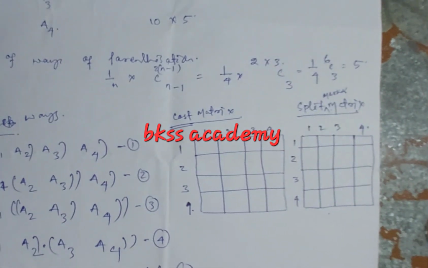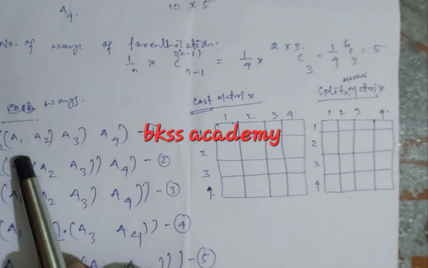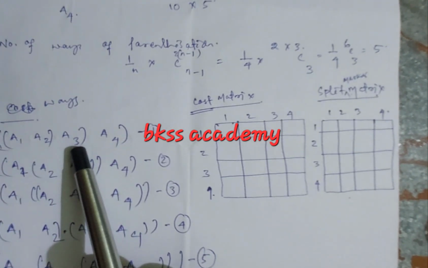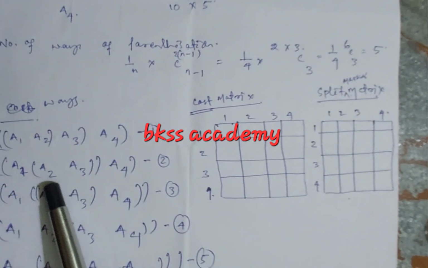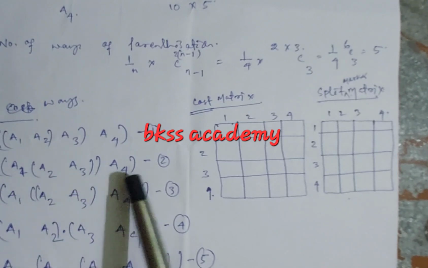So these 5 ways of multiplying 4 matrices may be like A1 into A2, its result will be multiplied with A3, its result will be multiplied with A4. This is the first case. Similarly, A2, A3 result will be multiplied with A1, then multiplied with A4.